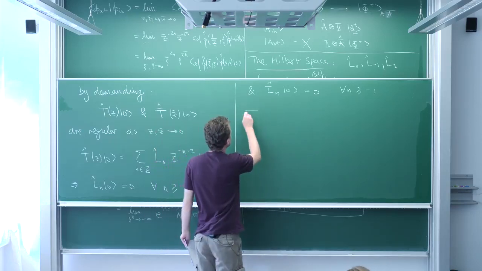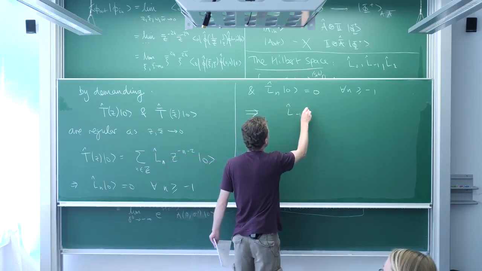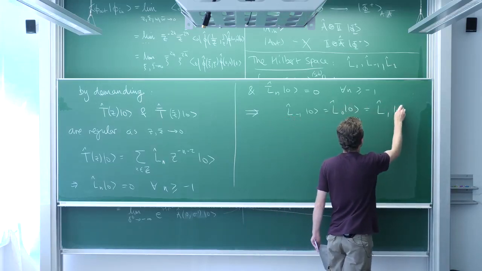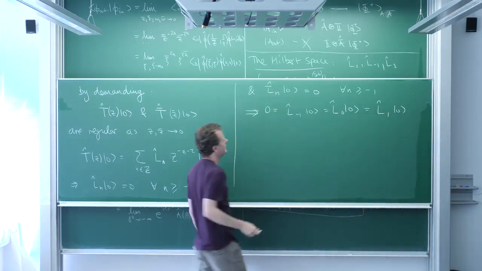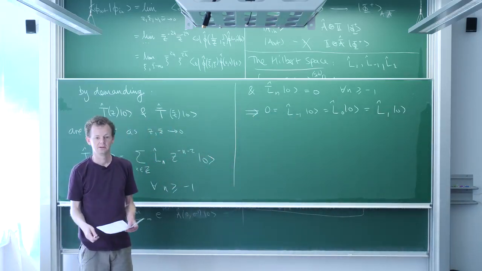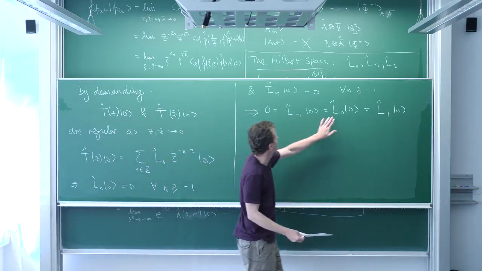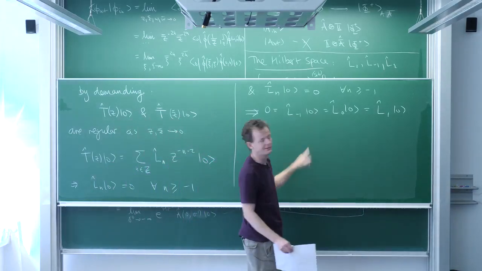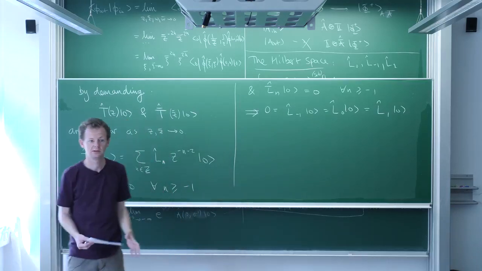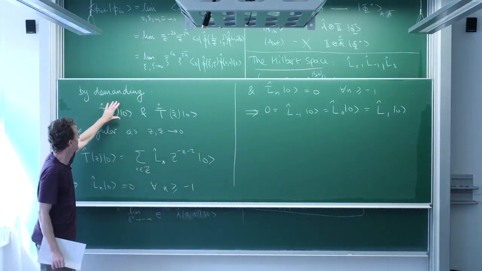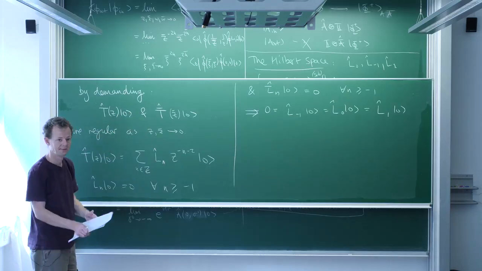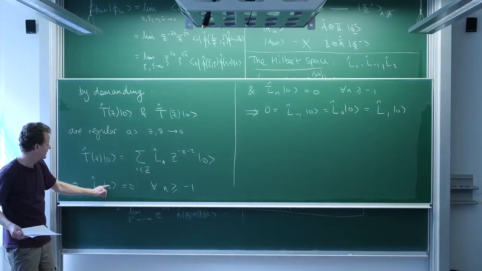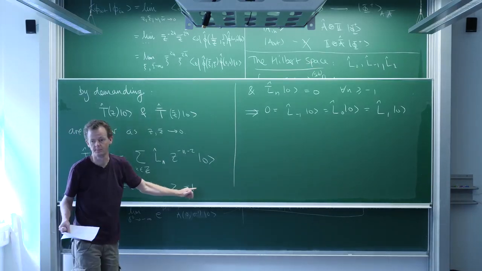So firstly, a corollary is that L minus 1, L naught, and L1 all annihilate the ground state, which means in particular that if you exponentiate these generators to find the action of a global conformal transformation, it leaves the vacuum invariant. So the ground state is indeed invariant under global conformal transformations. That just comes from demanding that these in states here are well defined. But we also gain more conditions, namely that L hat n |0> equals 0 for all n bigger than -1.